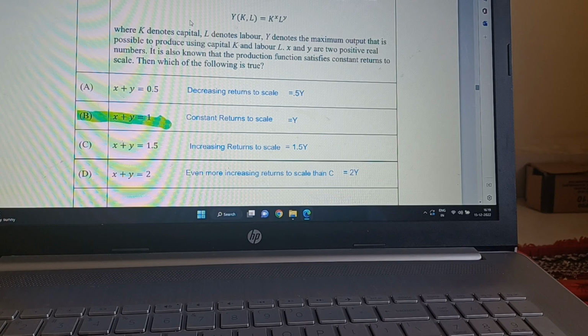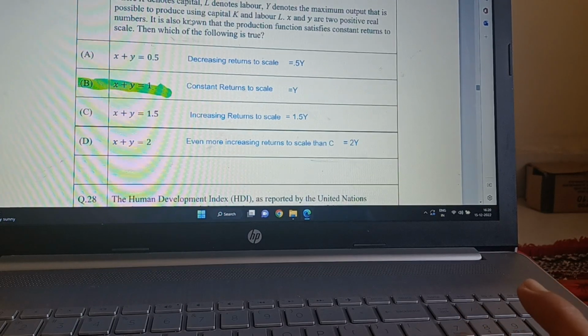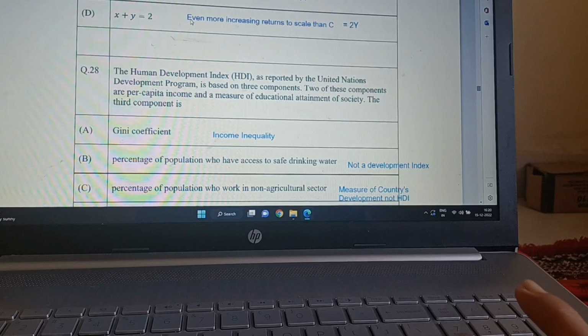And then D says x plus y is equal to 2. So this one is even more increasing returns to scale than the answer to C. In this case, if k and l are doubled, the output will increase by 2y. So if we started with output y, it becomes 3y when k and l are doubled. So the correct answer is B.